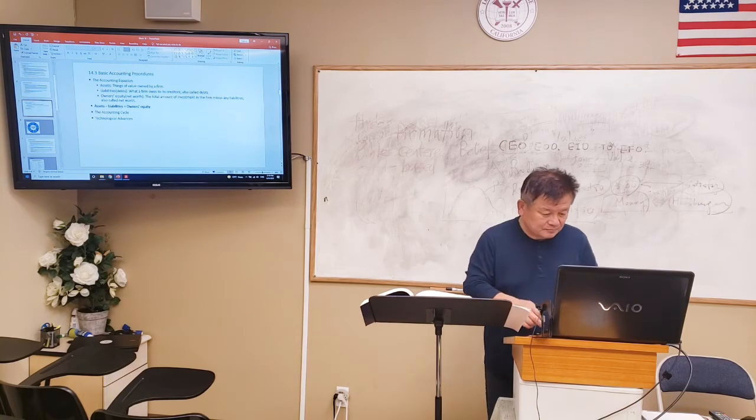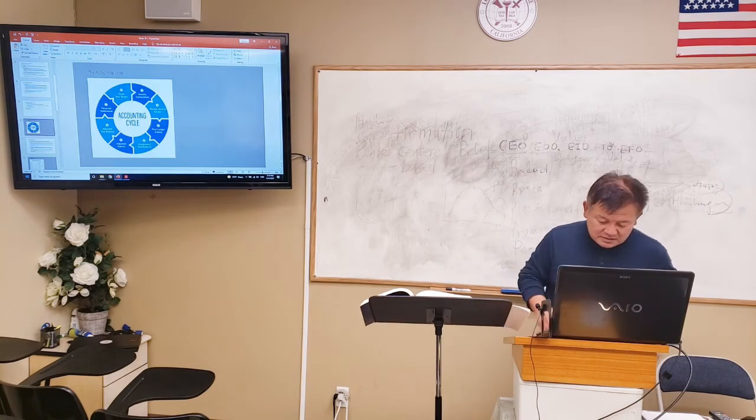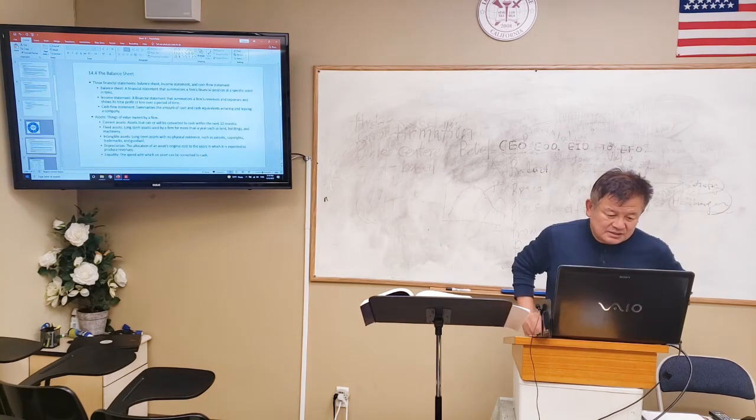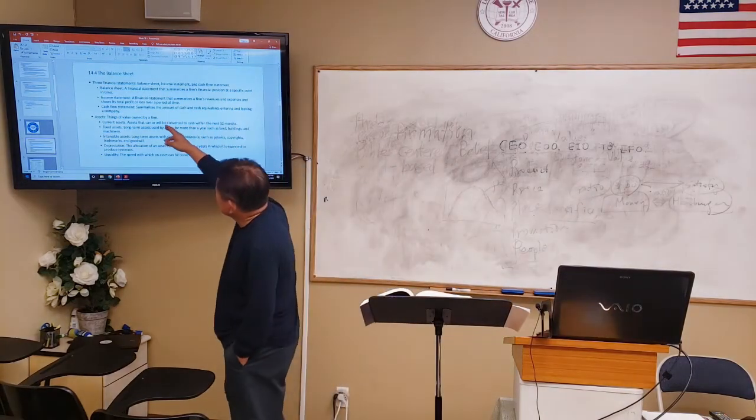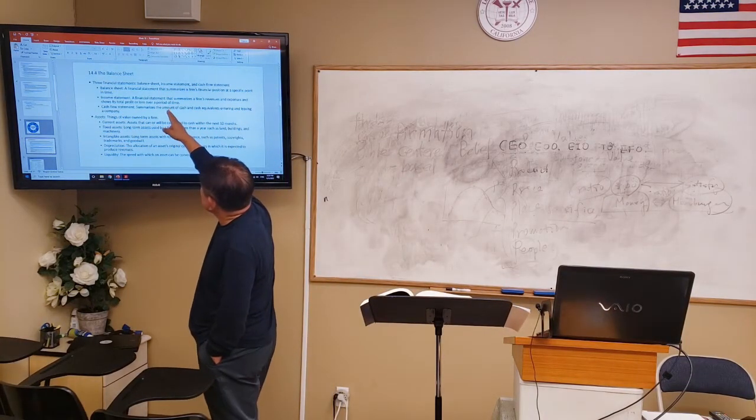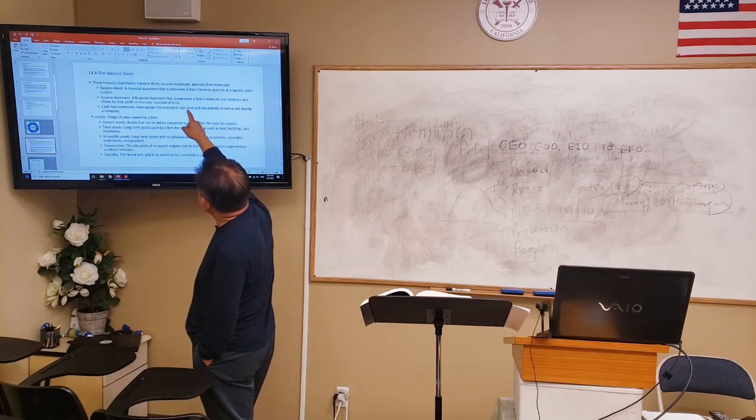Okay, let's move on to the balance sheet. The financial statement consists of three things: balance sheet, income statement, and cash flow statement.